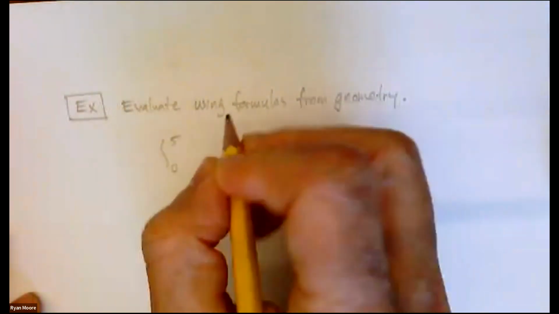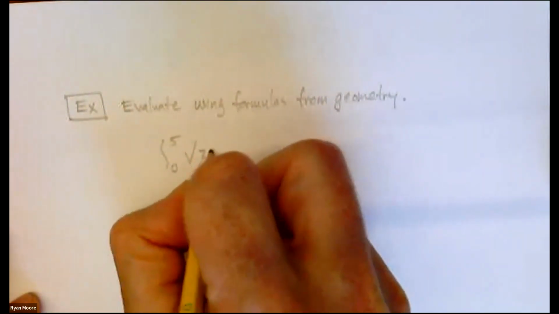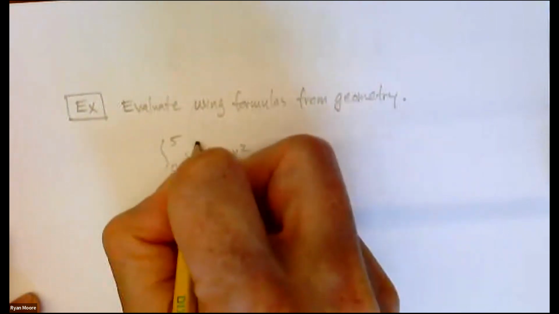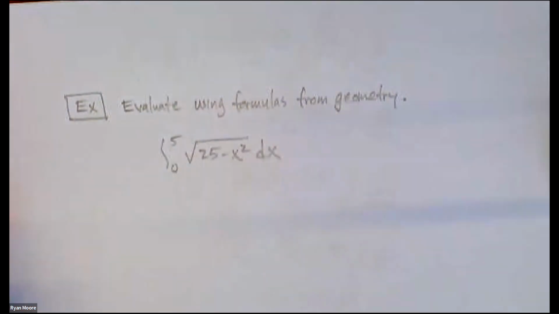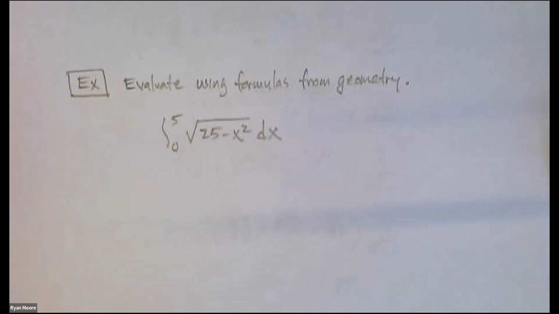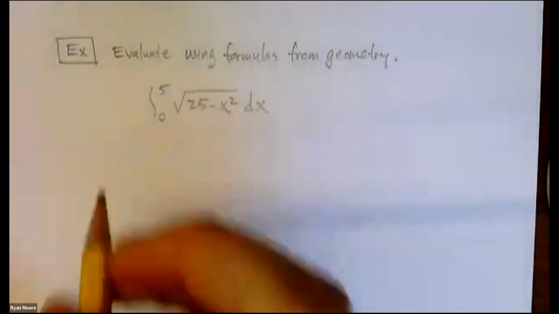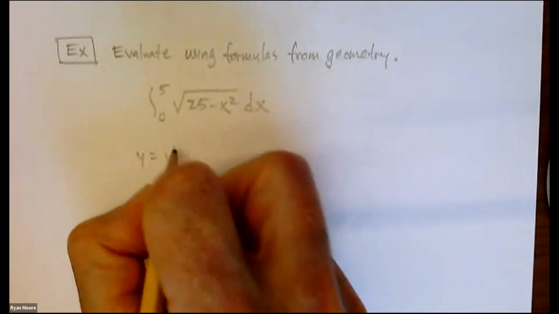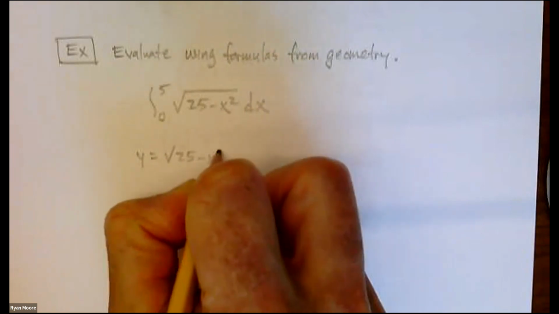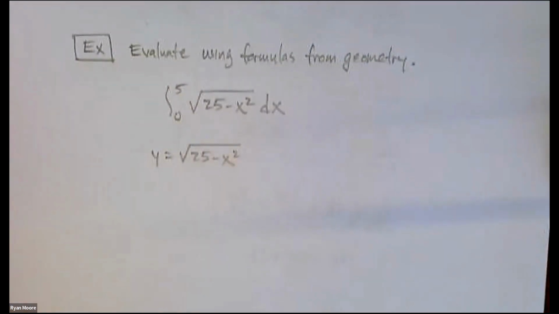From geometry. So we're not going to attempt our limit as n goes to infinity, summation, all that. No way. We're going to think, what does the graph of this look like? Think of it as y equals the square root of 25 minus x squared.